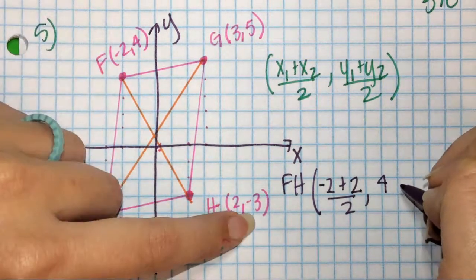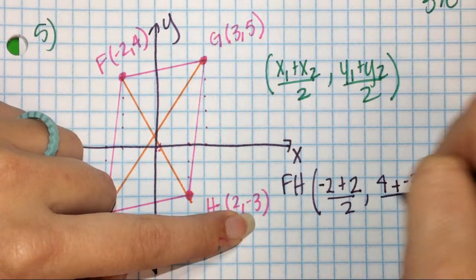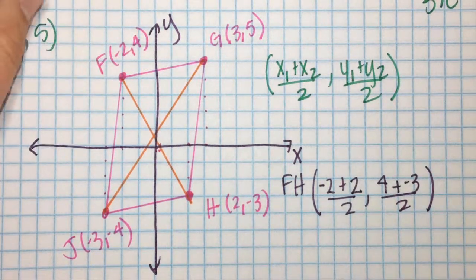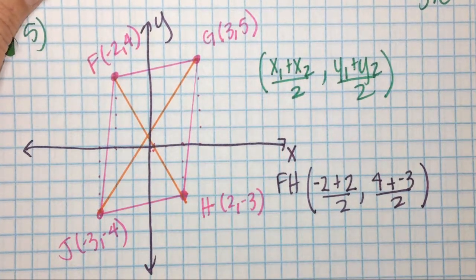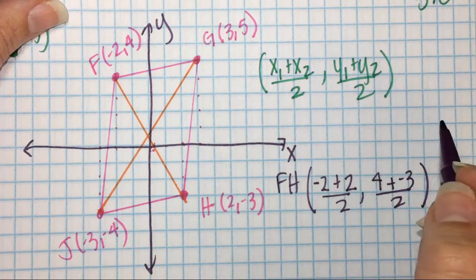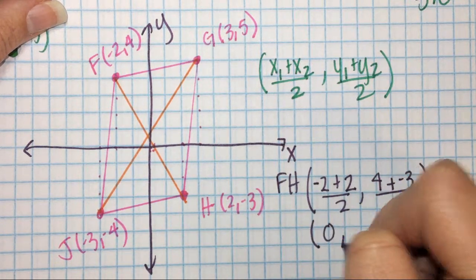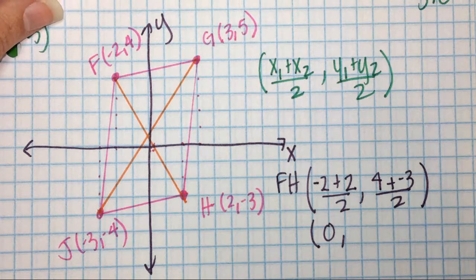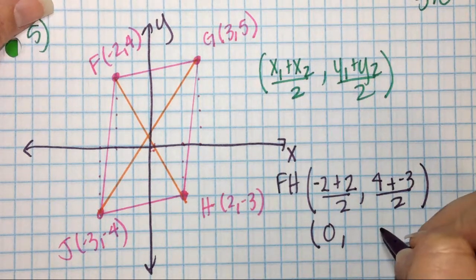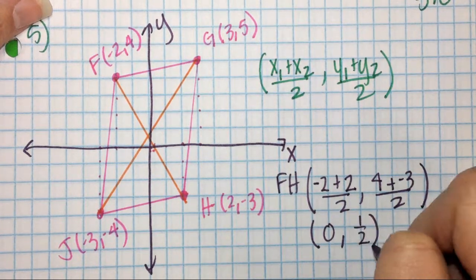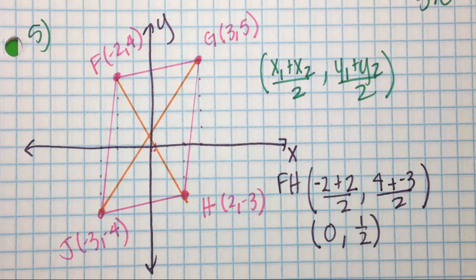And what's my y2? Negative 3. Okay, what is negative 2 plus 2? And what's 0 divided by 2? 0. Okay, what's 4 plus negative 3? 1. So that's 1/2. So far we have 0, 1/2.